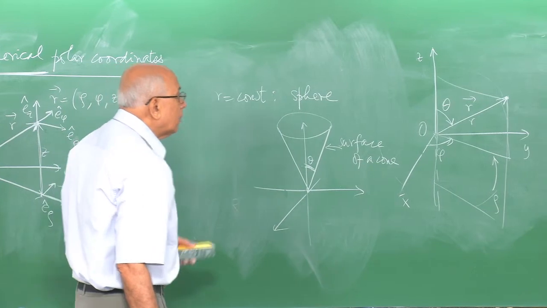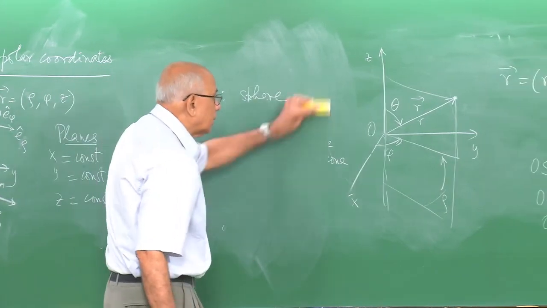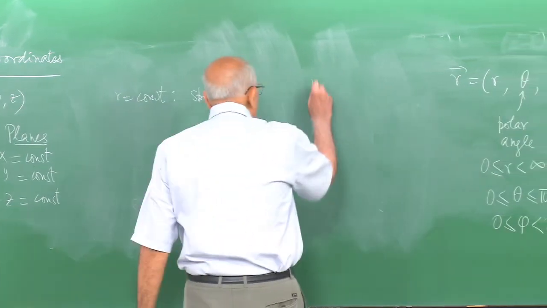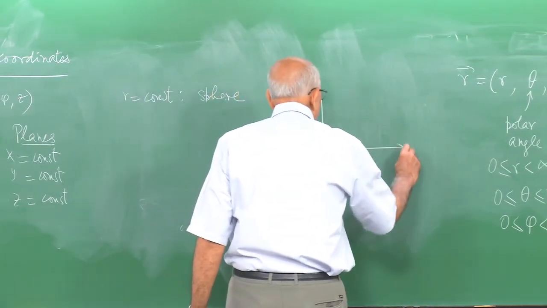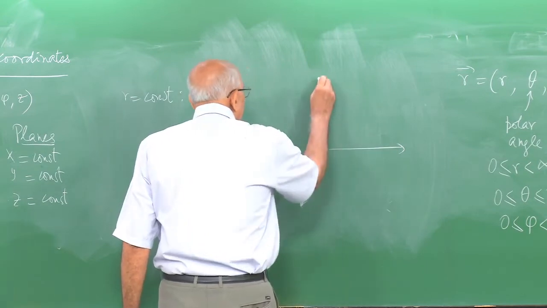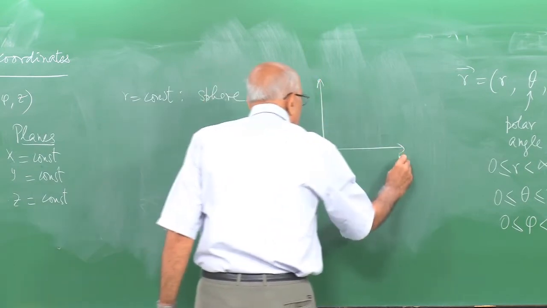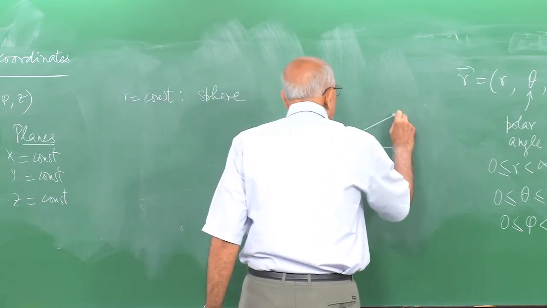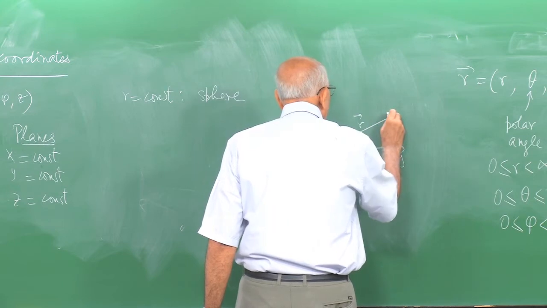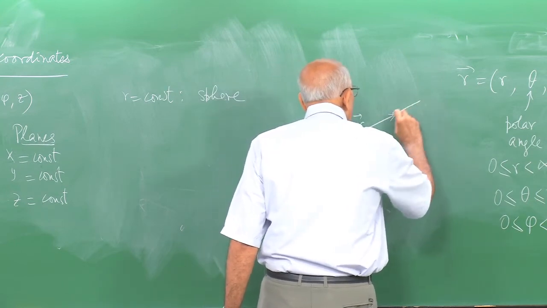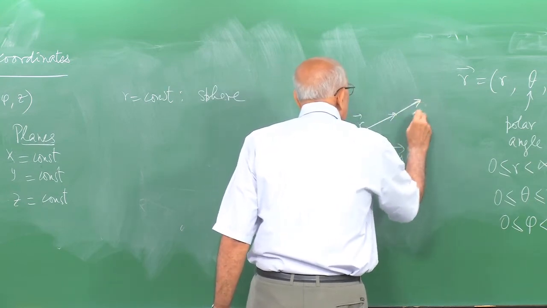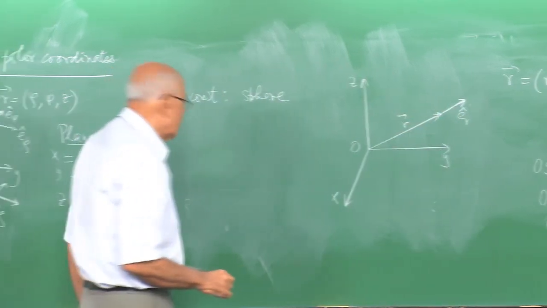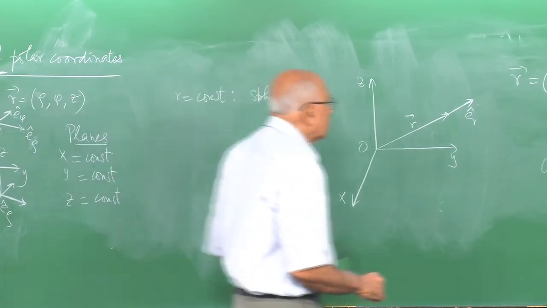Now what about the unit vectors, and what about the line element? Those are interesting quantities to look at. Let's do that. So here's x, here's y, here's z again, and we have an arbitrary point r. This is the r vector, and therefore the unit vector in the radial direction is just E sub r.